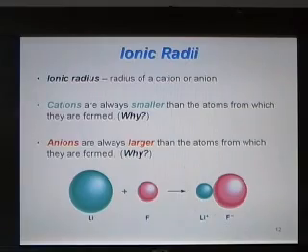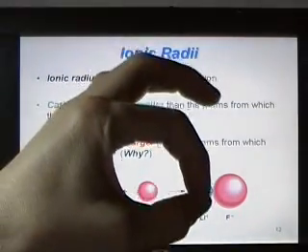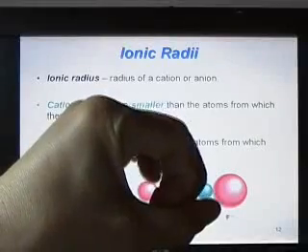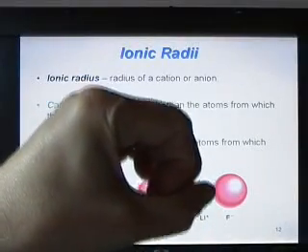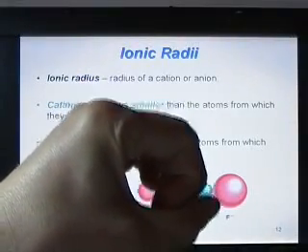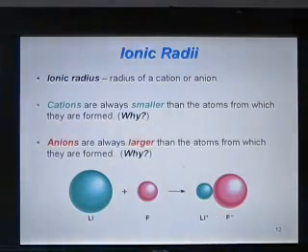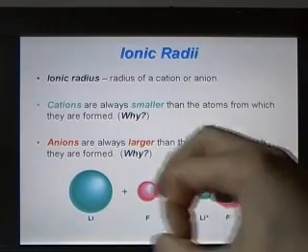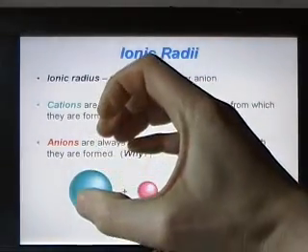So you see an atom go from bigger to smaller since the nucleus is pulling better on the outer electrons. Anions, on the other hand, are always larger because you've added more electrons. The nucleus doesn't as effectively pull on those extra electrons, so what you see is an atom get larger.